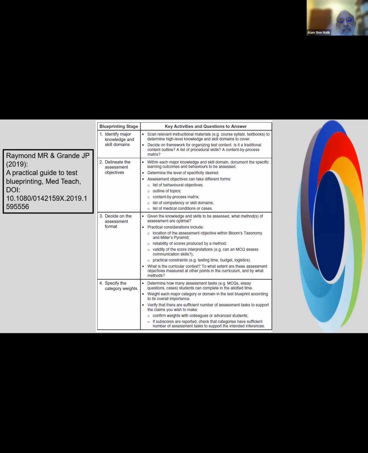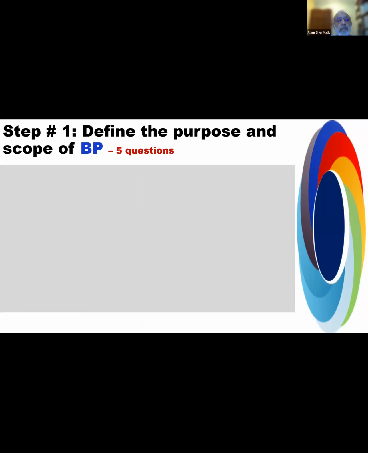So this is another way of looking at the content and the type of questions we want to use in the examination. Now let's go through these steps one by one, and that would explain it.